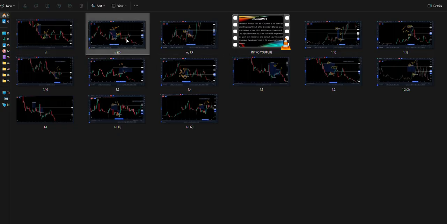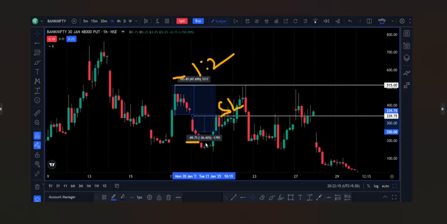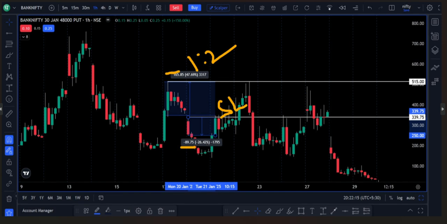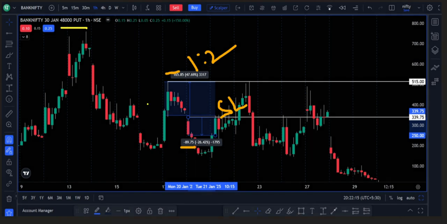Now, this is the second time the stop loss would have been triggered. This happened on the 48,000 put, once the previous day high was broken at this particular candle. Against a risk of 89 rupees, there was a reward of 165 rupees, which was 1:2.